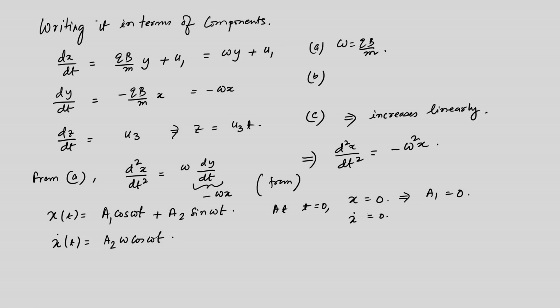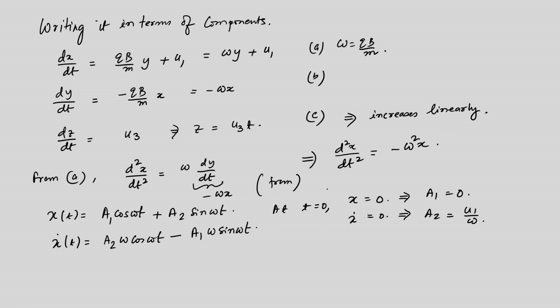Differentiating, it is a1 omega sine omega t with a minus sign, and now you put t equal to 0, you will get A2 equal to u1 over omega.